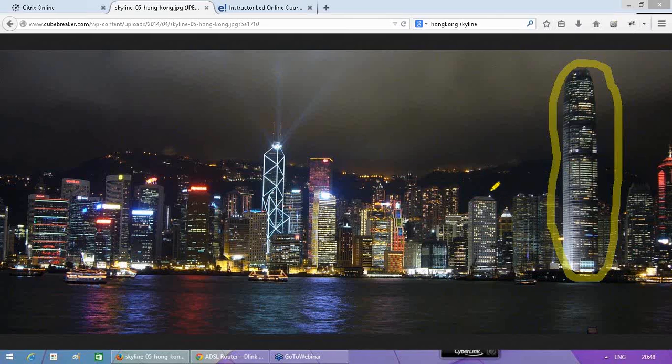So now if I have to calculate the height of this building, by analogy, this is 300 meters and this looks like 1/4 of that building, somewhere around 1/4, right? It's not half, it's a little smaller than half. So it looks like 1/4, so 300 by 4 would be the size of this building. So this is by analogy.